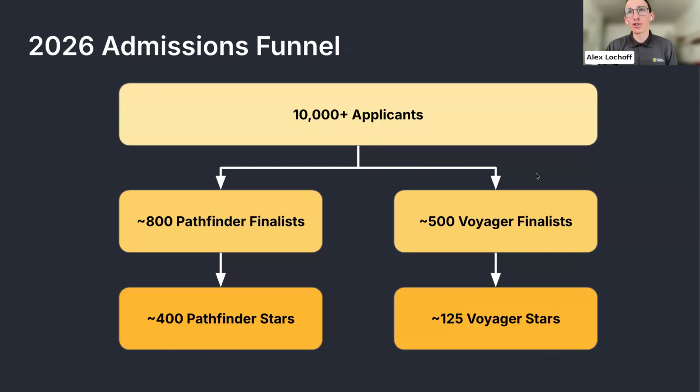So if you are a Voyager finalist, if you demonstrate 1 in 1,000 math ability, but we are not able to offer you a Voyager spot, you can be selected for Pathfinder instead. However, if you are not showcasing 1 in 1,000 ability, even if you've been advanced as a Voyager finalist, you are not necessarily guaranteed admissions into Pathfinder.